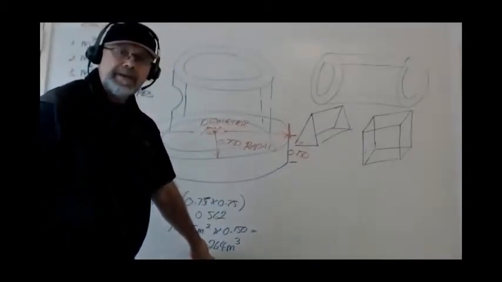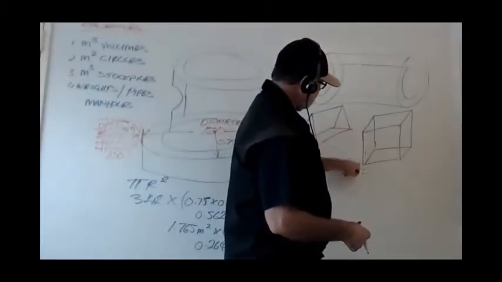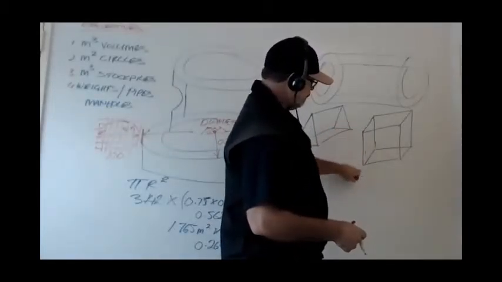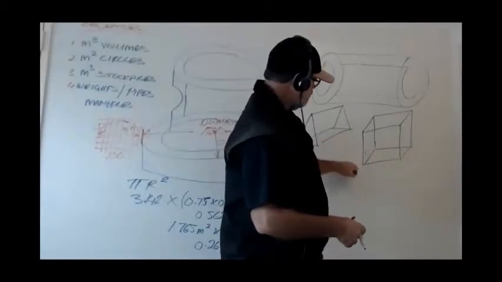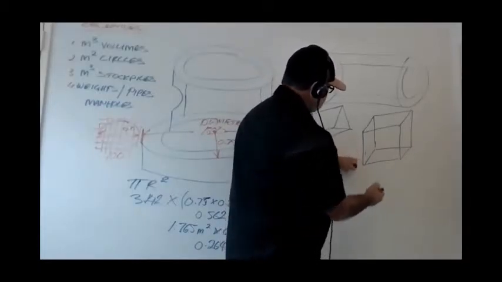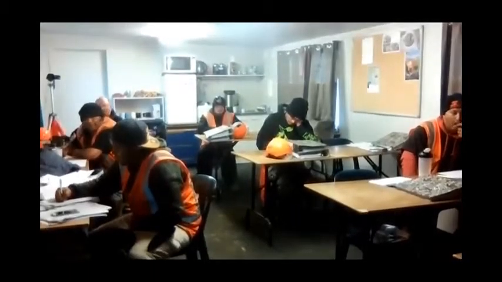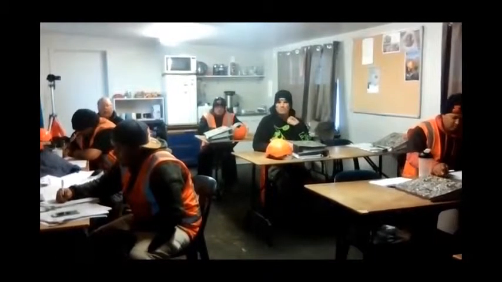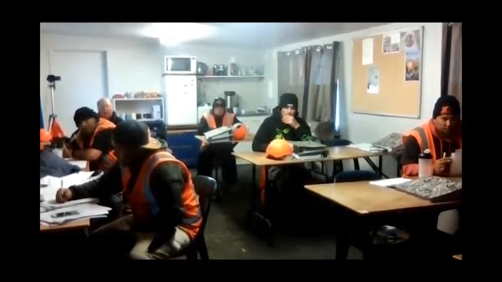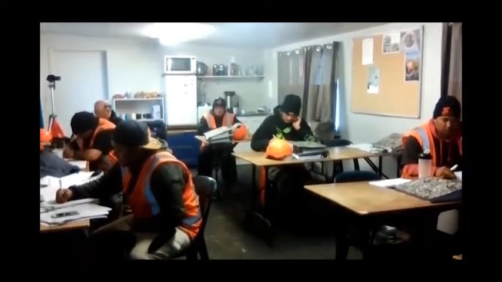Now what I want to do is give you a visualization of what 0.264 of a cubic meter is. With this cube over here, it's 100% from the bottom to the top. 0.5 will be halfway, and 0.2 is round about here.